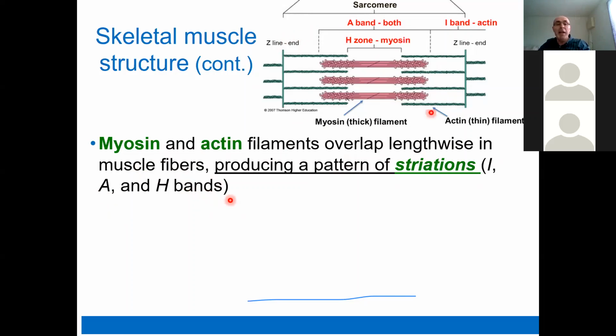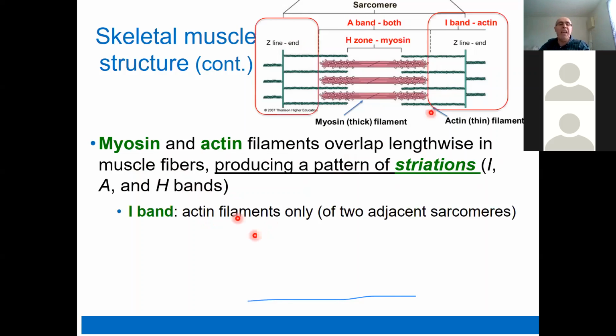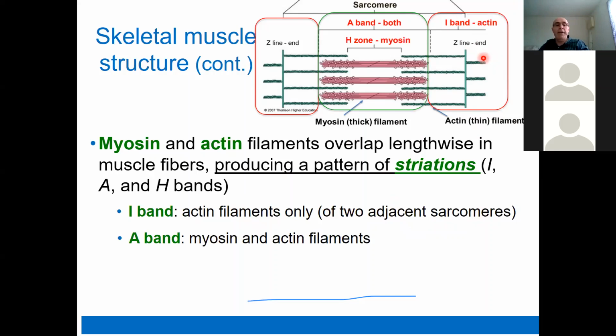Okay, now let's see what consists of the I bands, A bands, and H bands. As you see in this circle, I made a red circle here. I bands is actin filaments only, okay? Actin filament of two adjacent sarcomeres make I bands, and A bands is made of actin and myosin both, okay?